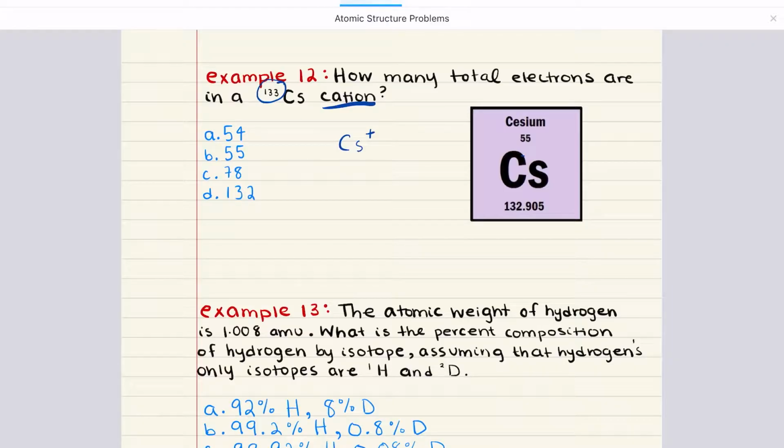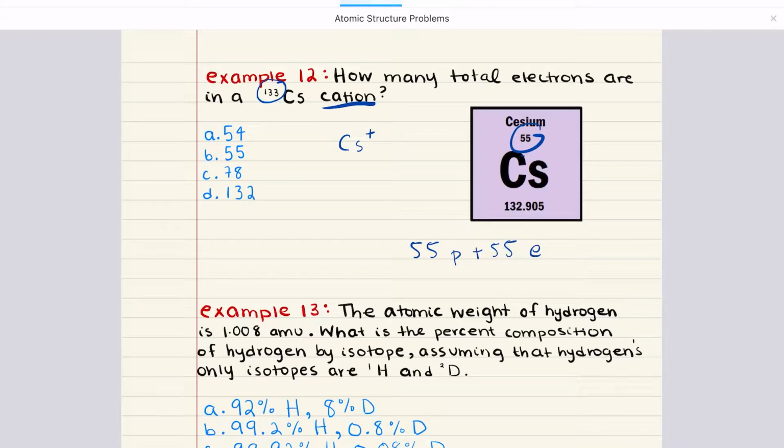Now, to answer this problem, let's first figure out the atomic number of cesium. We can look at the periodic table of elements and we'll figure out that cesium has an atomic number of 55. This means that a neutral cesium atom has 55 protons plus 55 electrons.